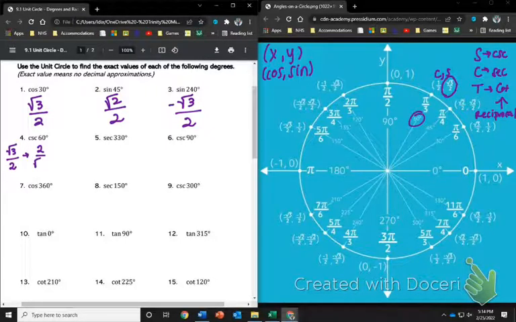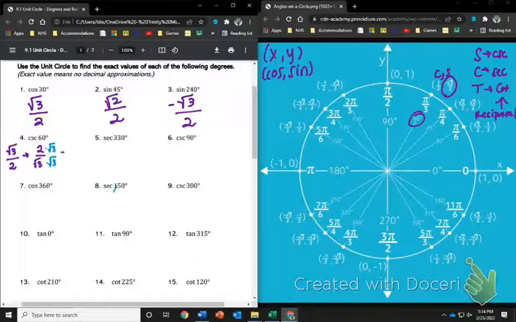So now it's going to say 2 over the square root of 3. And from here, if it was just a nice, happy number, I would just box that in. That would be my answer. But unfortunately, in this particular case, that is not what's happening, because I have a radical in the denominator, and I'm not allowed to have that. So I have to rationalize. I'm going to multiply top and bottom by that square root of 3.